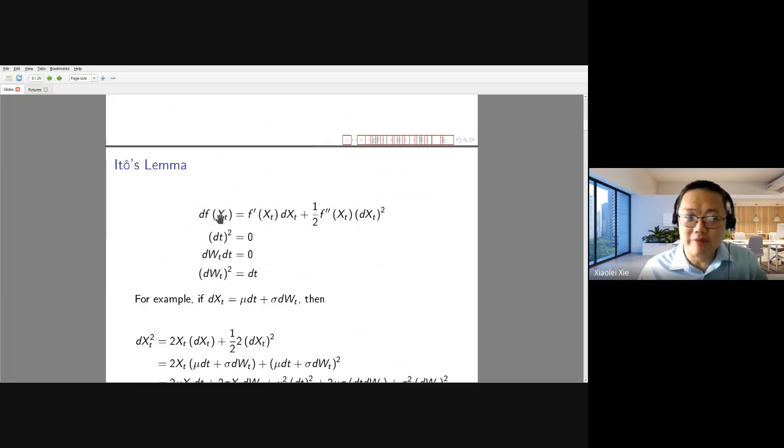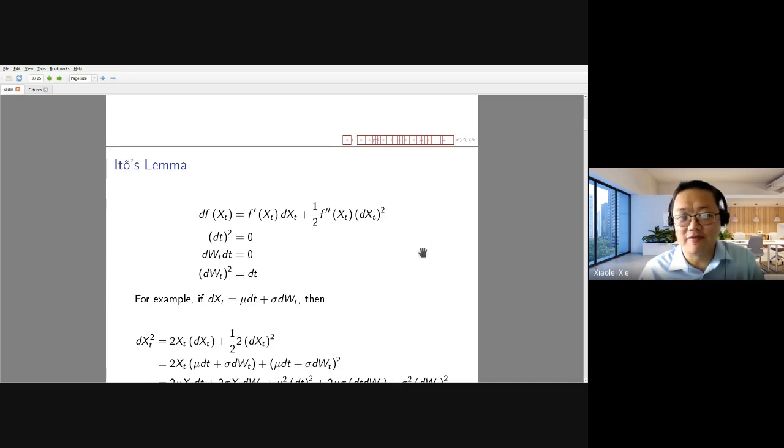So the differential of a function of it consists of these two parts. The first part is the first derivative of the function multiplied by the differential of the process itself. For the second part, you have to take the function's second derivative and multiply it by the square of the differential of the process.